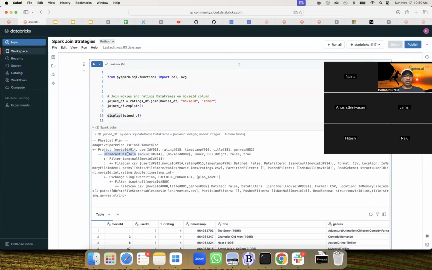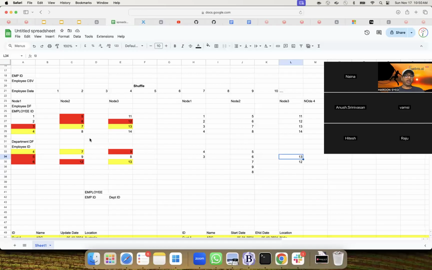Movie ID. So broadcast hash join, it has used the strategy of broadcast hash join. What does broadcast hash join mean? It means that instead of having the partitions of both the tables moving like this, 1, 2, 3, 4, 5, 6, 7, 8, 11, 12, 13, 14, everything, it will just take the department table, all the records, and copy it into each node.